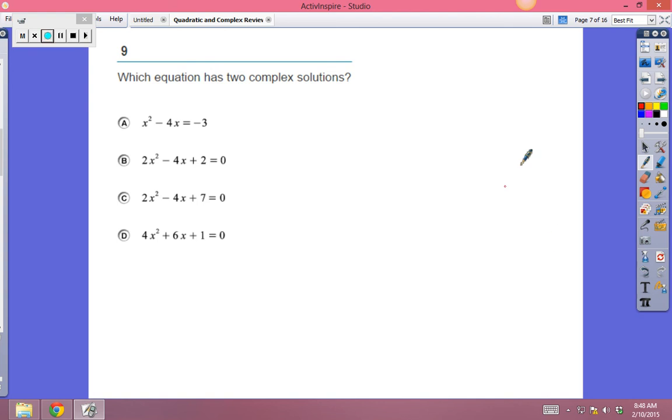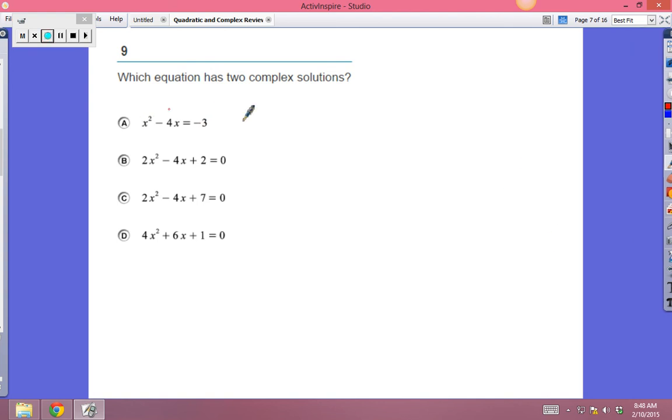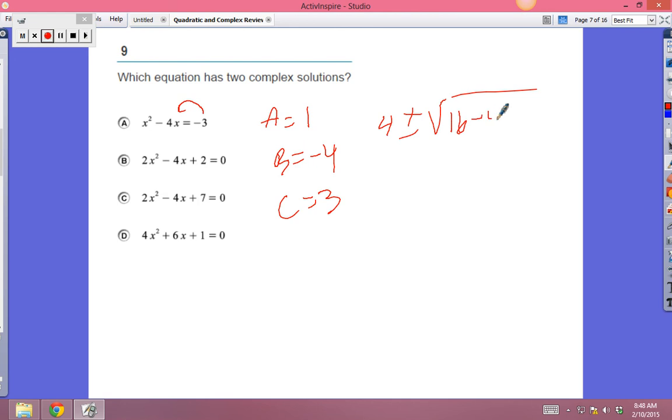So on A, A is 1, B is a negative 4, but C is not a negative 3. You got to move this over. C is going to be a positive 3. And then you plug them in. X equals negative B plus or minus the square root of B squared, negative 4 times negative 4, that's 16, minus 4 times 1 times 3.